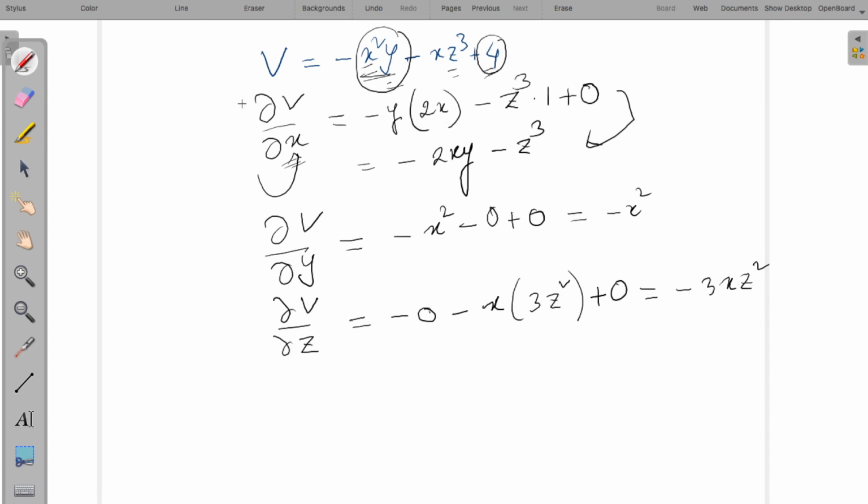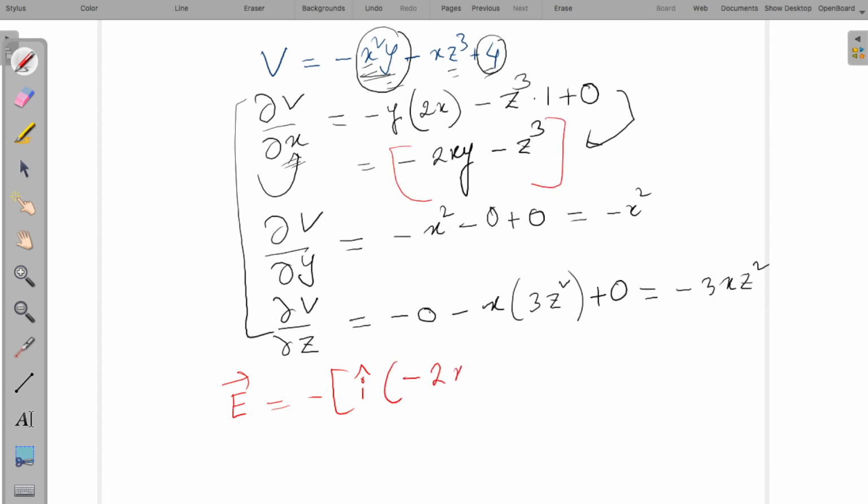Now let's substitute all these values in this equation. So then what we will get? We will get the electric intensity equal to minus i cap. What are the components of i cap here? We are getting these values, right?